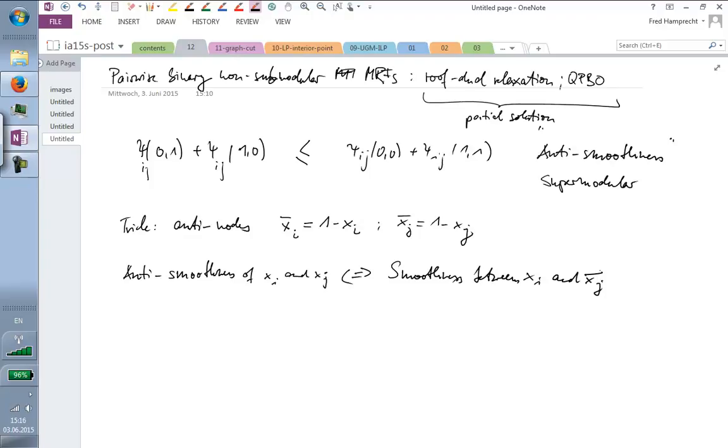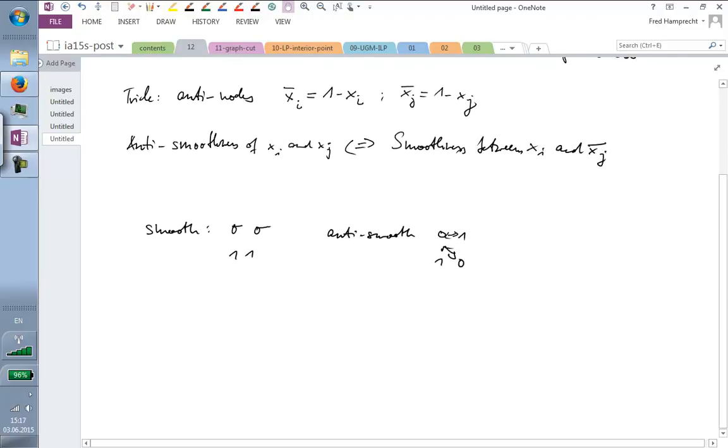What do I mean by smoothness and anti-smoothness? Smooth labelings are ones where we have 0, 0 or 1, 1, and non-smooth or anti-smooth labelings are 0, 1 or 1, 0. If I now want this anti-smoothness, I can also formulate that as smoothness between the node and its anti-node.